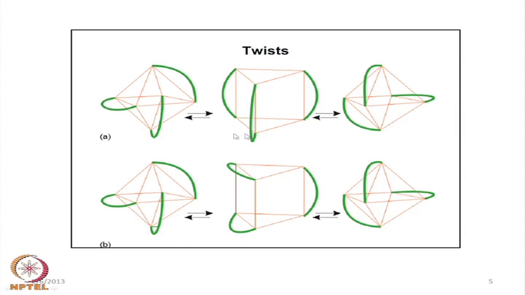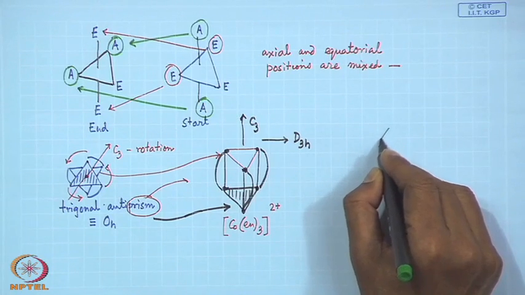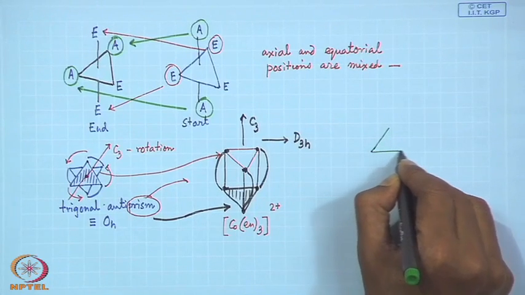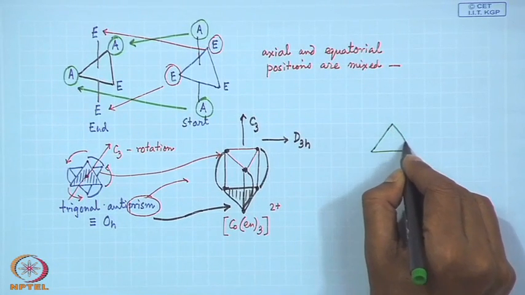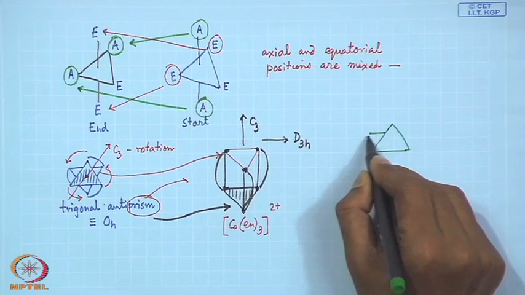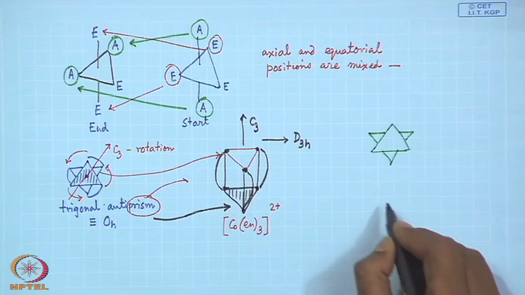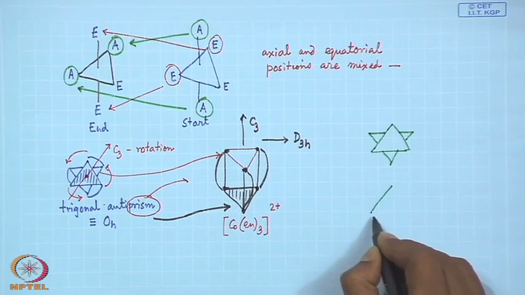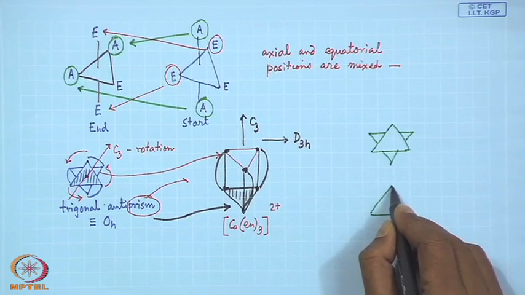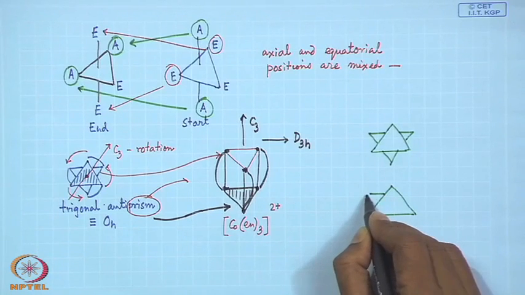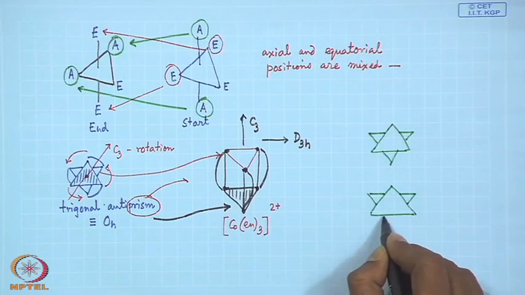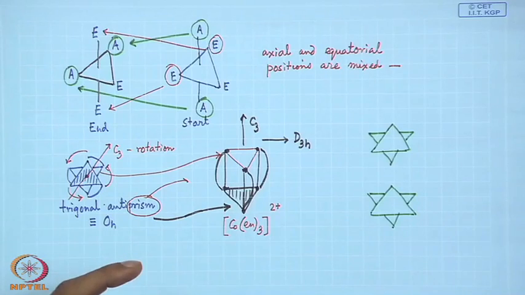So in these two cases, we find for these molecules that two structural arrangements are possible. This is viewing through one particular axis only, because the other one is from the other axis.